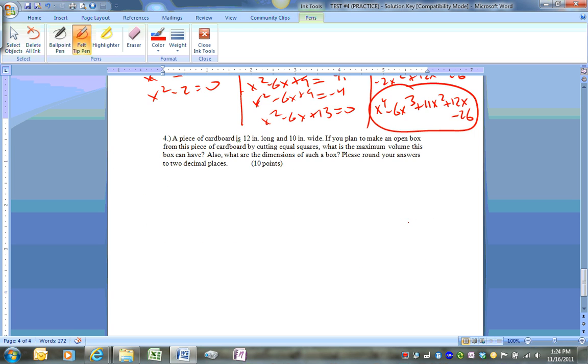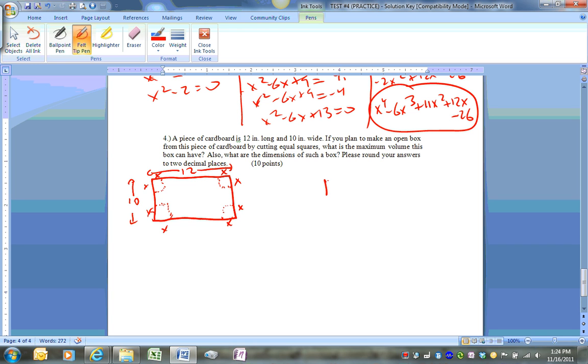Number 4 we've seen for the cardboard problem. Actually, this is straight from the Google Docs question. So say that's 10, and say that's 12. Cut out corners, x by x squares.